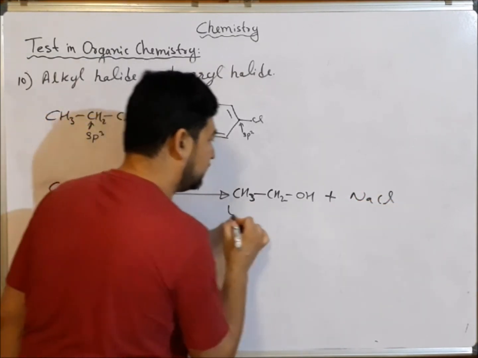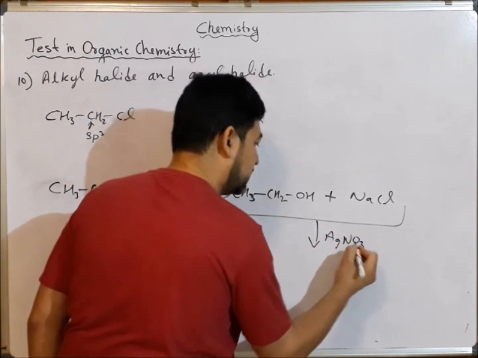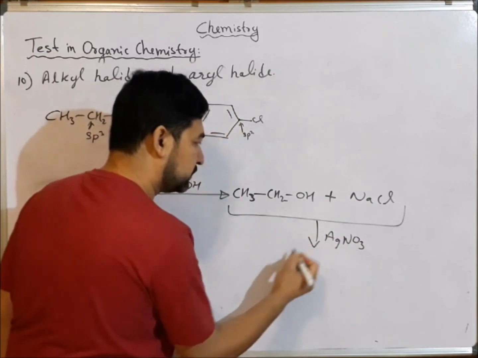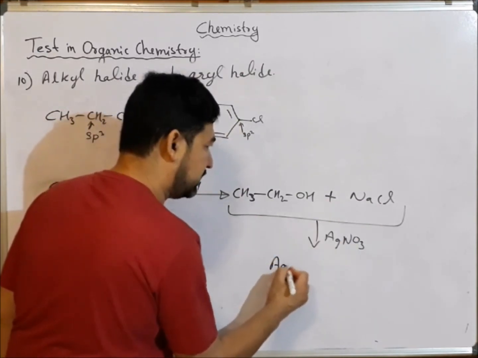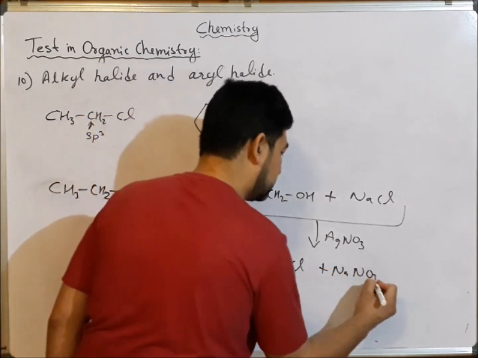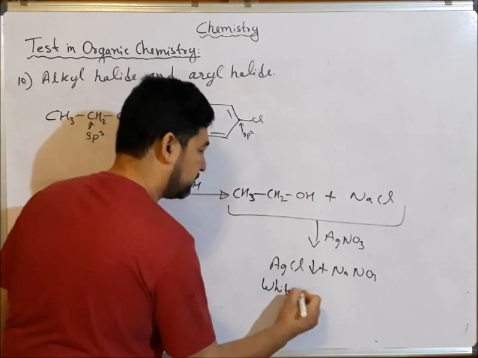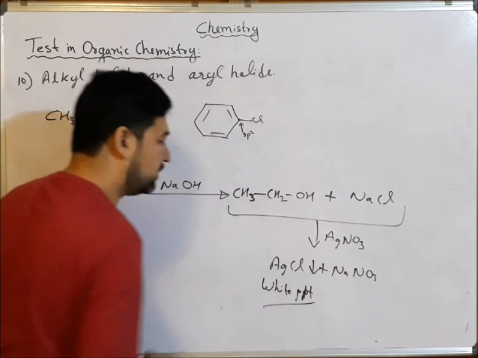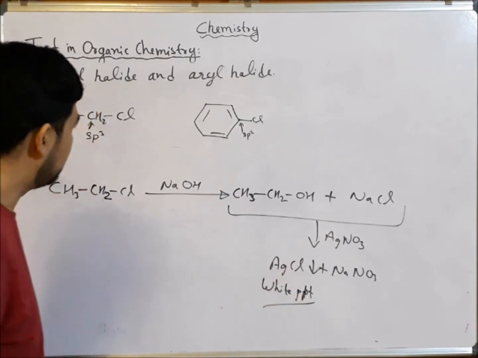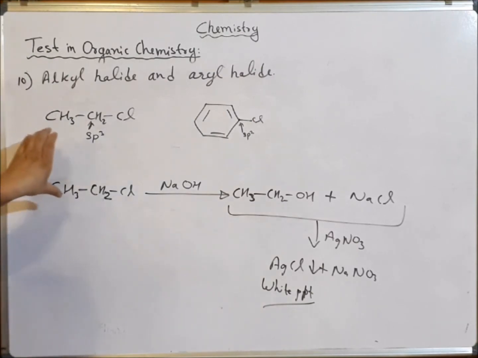Now when this mixture is treated with AgNO3, the alcohol won't react, but this will react with the chloride. So AgCl plus NaNO3. Now this gives your white precipitate. AgCl is insoluble, so this gives white precipitate. So if the white precipitate forms, then we can say that is our alkyl halide.